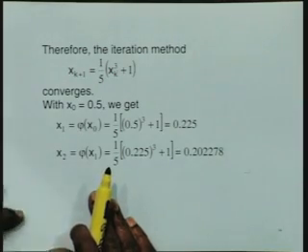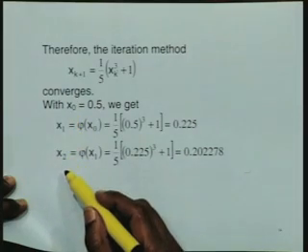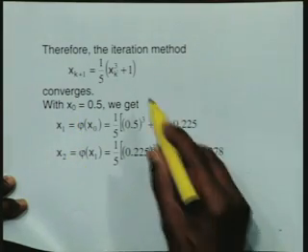Now at this stage the 3 values x0, x1, x2 are available to me. Now I can use Aitken's method to get a better estimate.